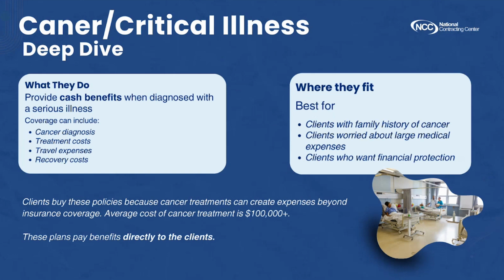A lot of the cost assigned to cancer treatment, which Angie mentioned is over $100,000, is expenses outside the actual medical costs. You've got to get to a place where you can have the treatment, or you have to go to a facility that's a ways away. Maybe you have to take a flight, or a hotel stay for a couple of days while you're there. These types of policies help beneficiaries have the money to do that so they don't have to neglect treatment. These are fantastic policies to talk about.